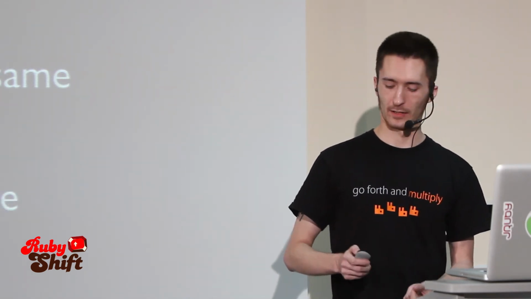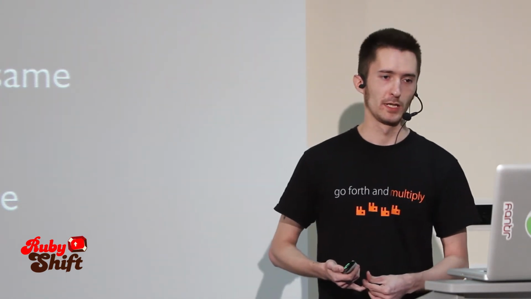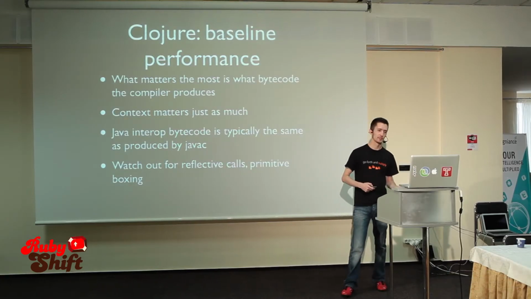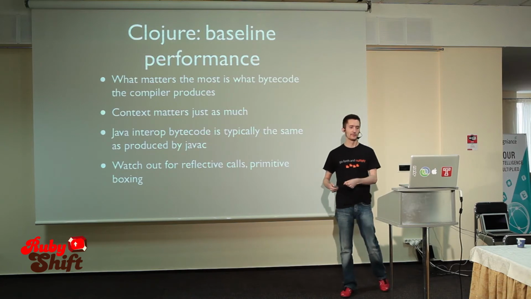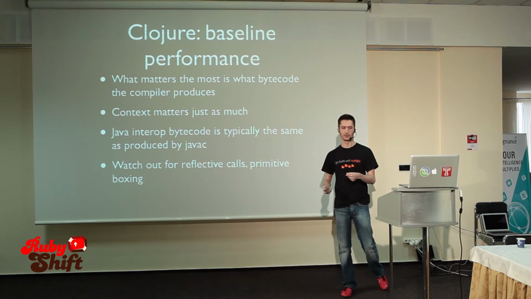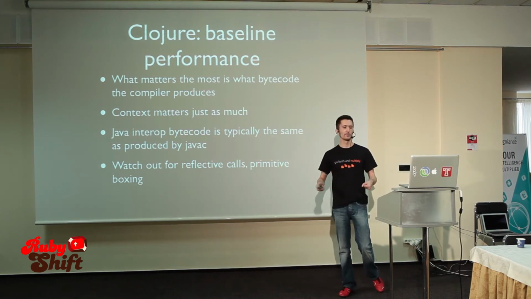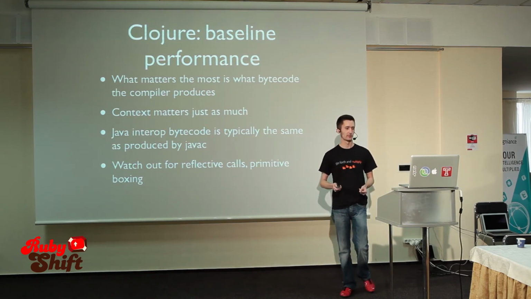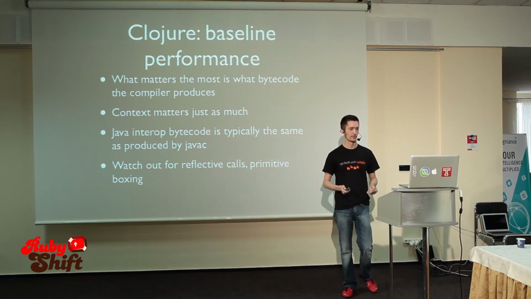And a couple of things to watch out for, like low-hanging fruits. You can watch out for reflective calls. There is something called reflection in Java, which is basically not the fastest way to do things and usually isn't necessary, but sometimes, because Clojure is dynamically typed, the compiler cannot figure out everything for you. So it will emit reflective calls that will figure things out at runtime. That's usually not very fast.